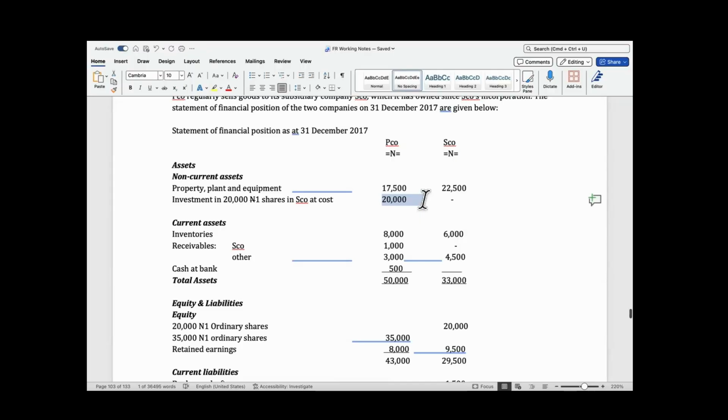So as at this time that they are reporting this, you already have 9,500. So I am thinking that PICO has already contributed into gaining this 9,500, and since they have like 100%, it should be added back. It should be added as part of their retained earnings.